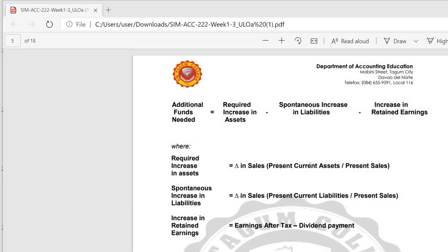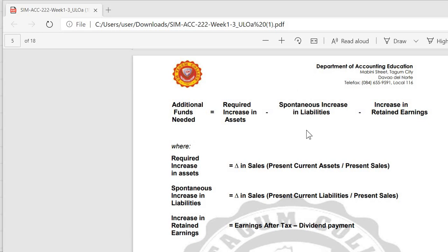And then you multiply it by the ratio of your present current assets divided by the present sales. How much is our total present current assets? If I'm not mistaken, that's 1,200,000. So, you divide it by 2 million. That is our required increase in assets.